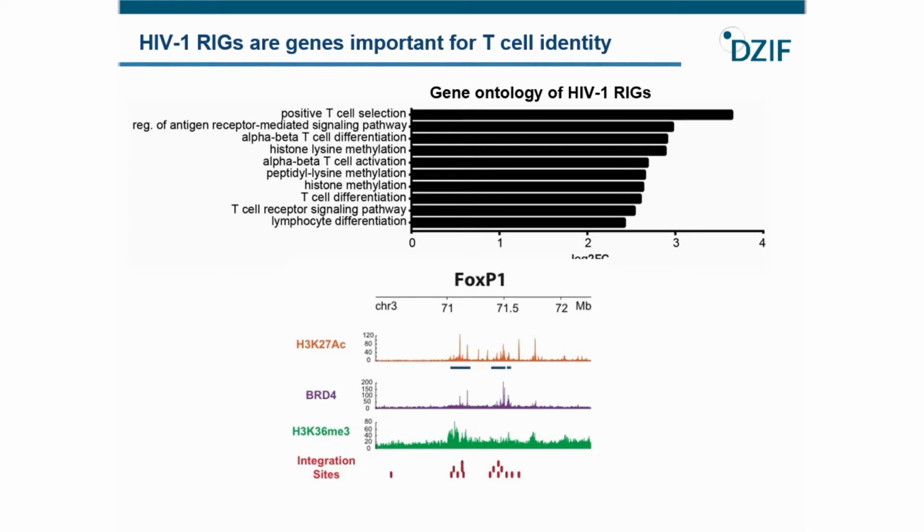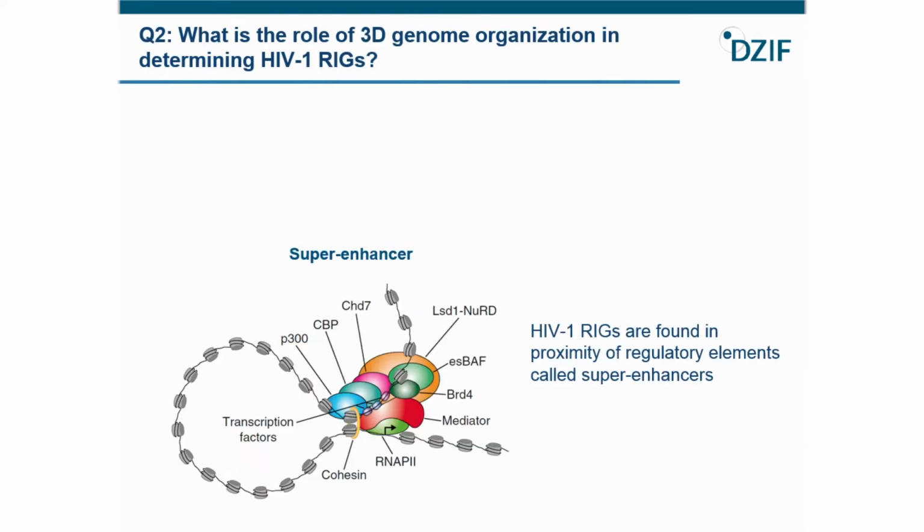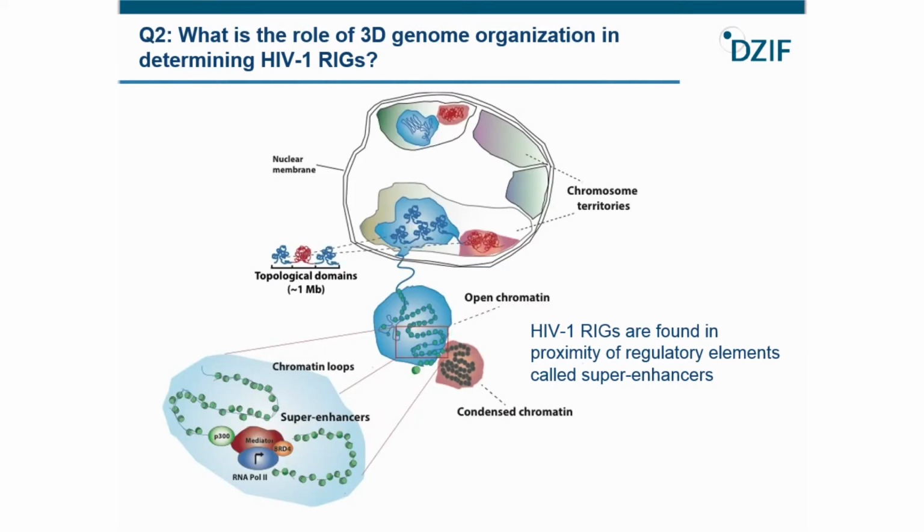What does that mean at the genome level? This means that these genes are genes that have super enhancers. So these are genes which are important for T-cell identity and which actually have these regulatory elements which allow large range interactions. So as I mentioned at the beginning, they are important for this folding of the genome and for the organization in general.